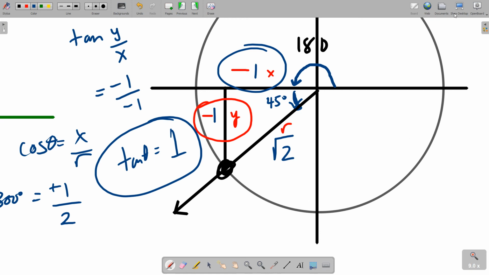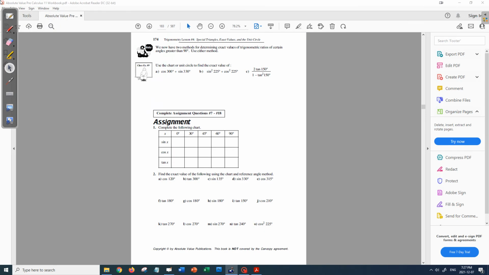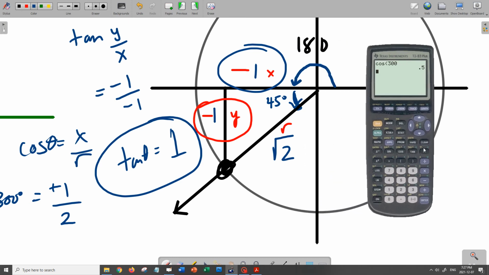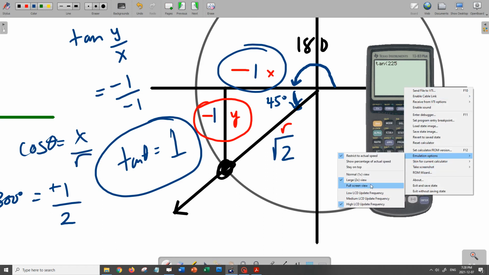I think I crashed my calculator. Let's find out. Oh, there it is. This was 225. Lo and behold, tangent of 225. Full screen. Hit enter. Why is it just a 1?